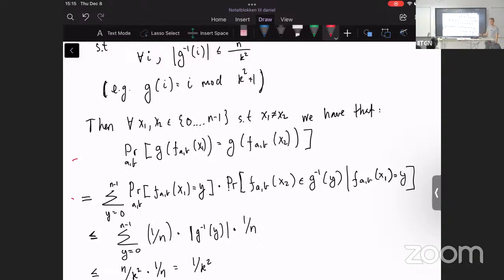Now the first probability is just 1 over n. The second probability is conditioned, but we don't need the conditioning because where x2 goes is independent of where x1 goes. So now this probability is just the size of g inverse of y times the probability of every element in g inverse. So that's just the size of g inverse of y times 1 over n. And what is the size of g inverse of y?